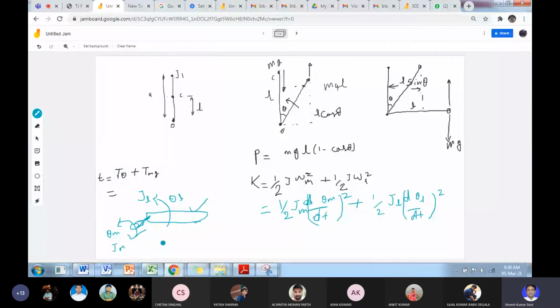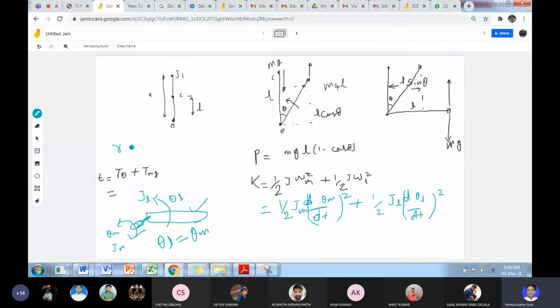If the gear ratio is 1, then theta L equal to theta m. Otherwise if gear ratio is r, then theta L will be r theta m.